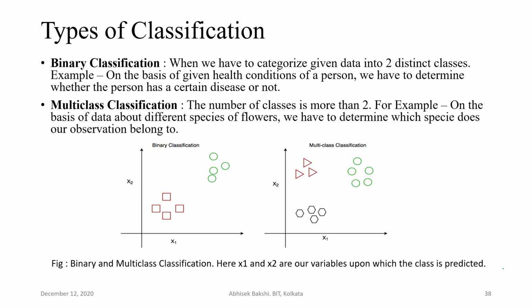Now let's go to the actual part of classification. There are actually two different types of classification: one is binary classification and another is multi-class classification, where I have more than two classes, maybe three, maybe four, maybe five.